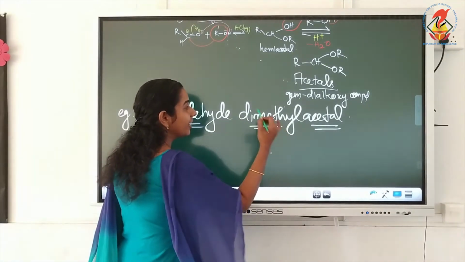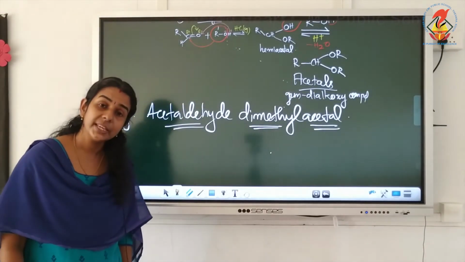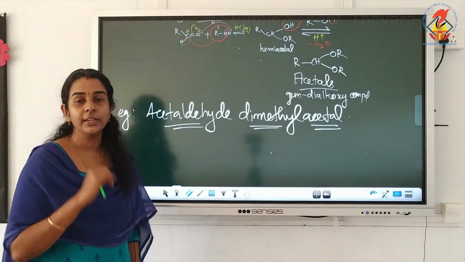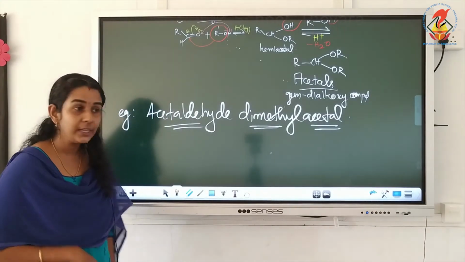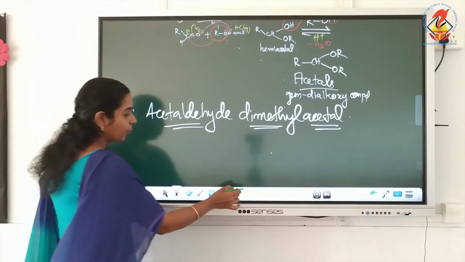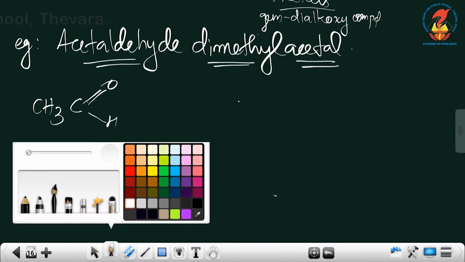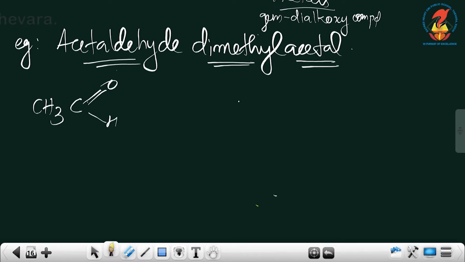And here which is the alcohol taking? This dimethyl means methanol is reacting. 2 methanol is reacting with acetaldehyde. So how can we write the structure? CH3CHO. CHO, how can we expand? C double bond O. How is the polarization?